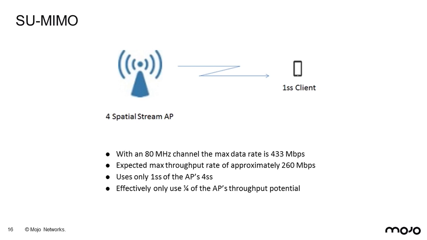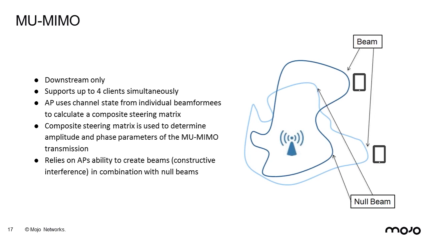Okay, I'm going to review multi-user MIMO really quickly here, but first we'll start with SU-MIMO, single-user MIMO. So we have a 4 spatial stream Wave 2 AP there, and we have a single spatial stream client, and we have an 80 megahertz channel, and that client is capable of a data rate of 433 megabits, but an expected max throughput of, if everything's clean, the channel's clean, the client's relatively close to the access point, choosing the highest data rate, say about 260 megabits.